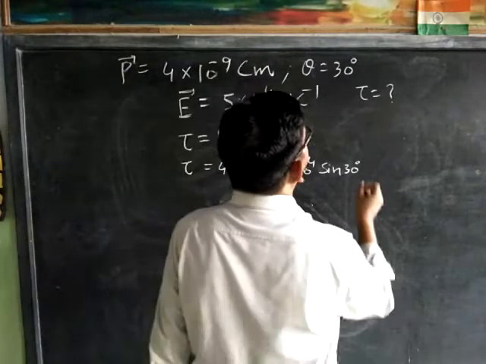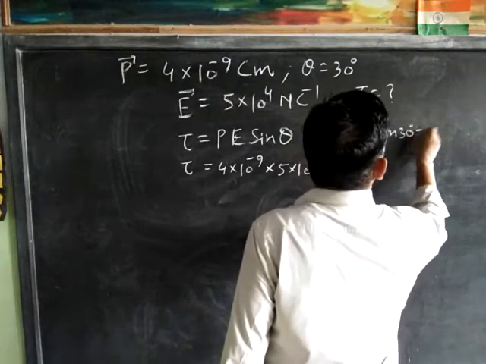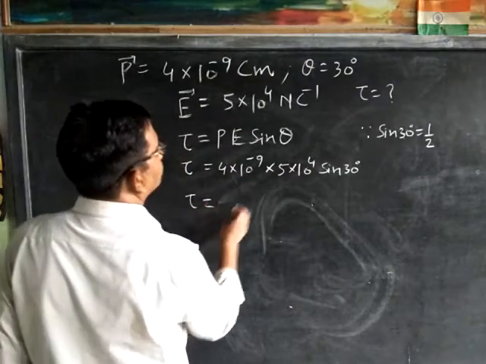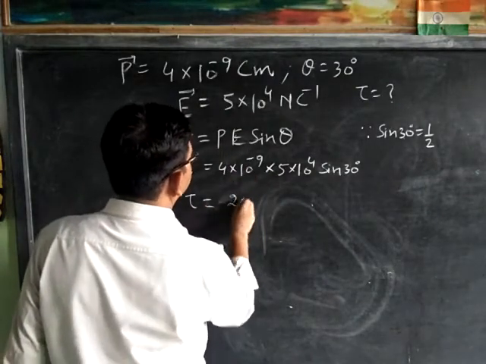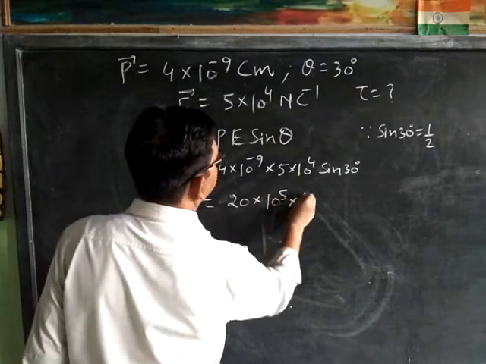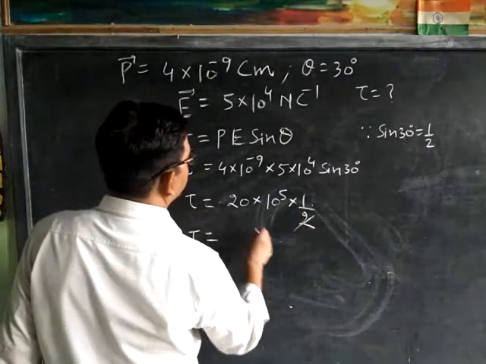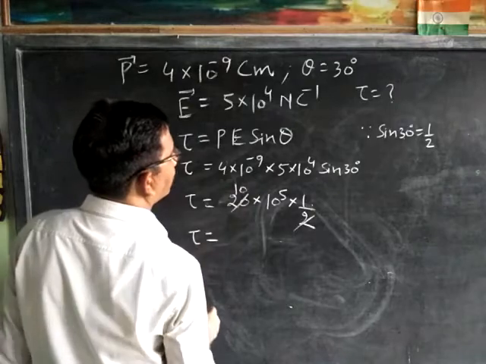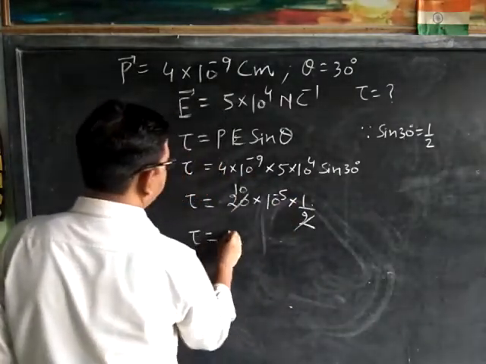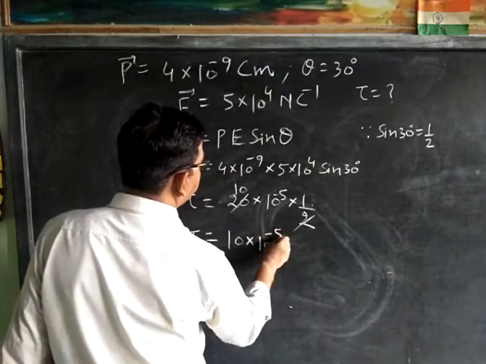Since sin 30 is 1 by 2, therefore tau is equal to 20 into 10 power minus 5 into 1 upon 2, that is 10 into 10 power minus 5.